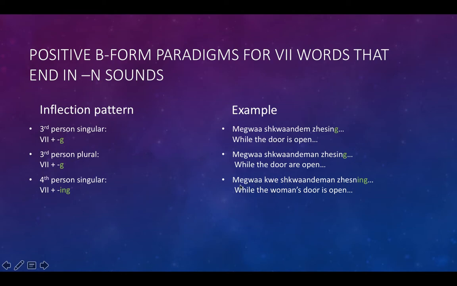Megwa is our B-form example, meaning while. Kwe means woman. Shkwandaman means his or her door. Our VI word is jesin, but we add the ing suffix, and then we drop the I sound between the S and the N. So that's how jesin becomes jesning.